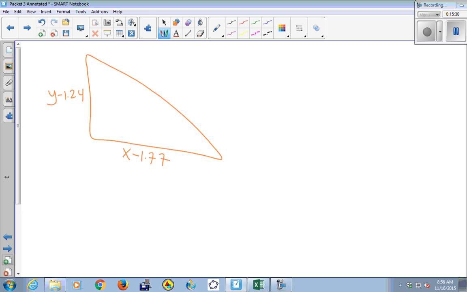So (6.08 minus 1.77) squared plus (3.67 minus 1.24) squared equals h squared. So this is my snapshot at time t equals 5, right? Because I know x and y at those moments.